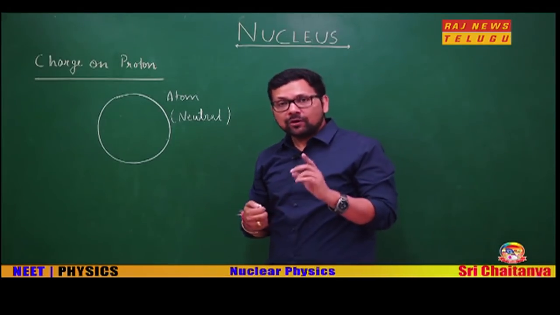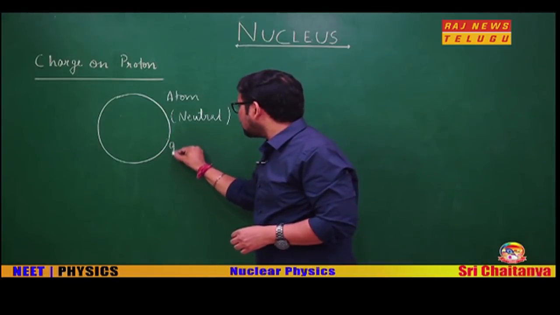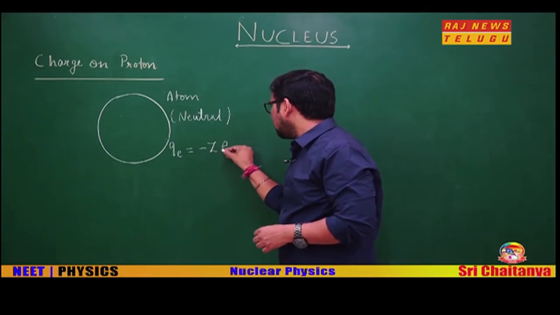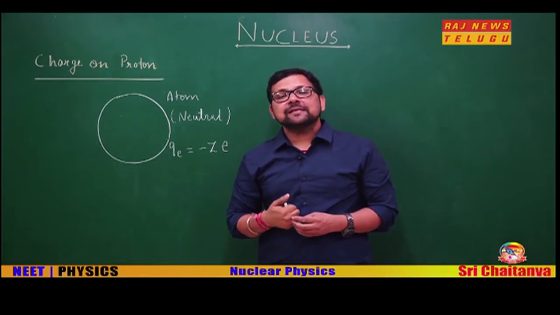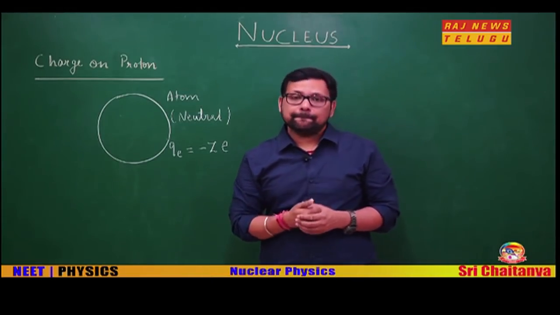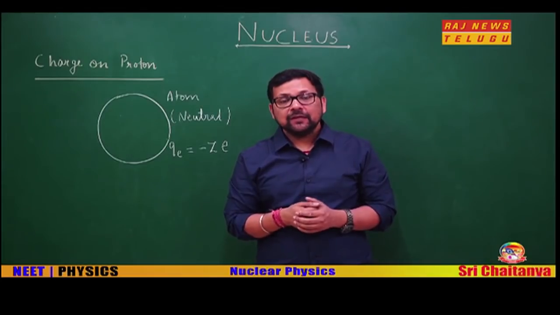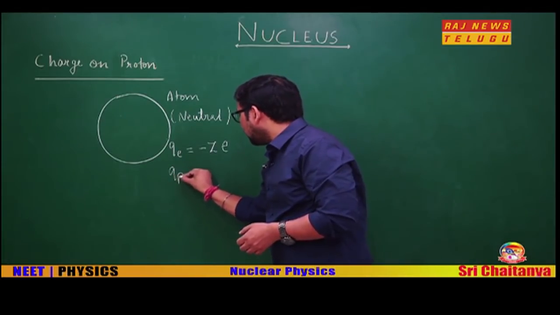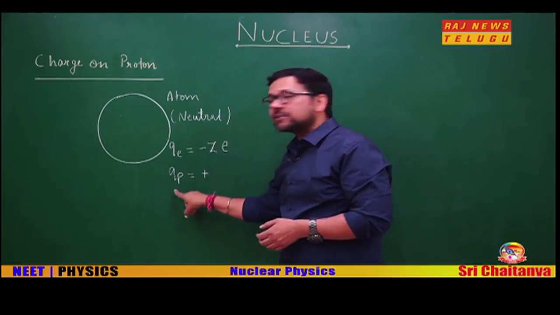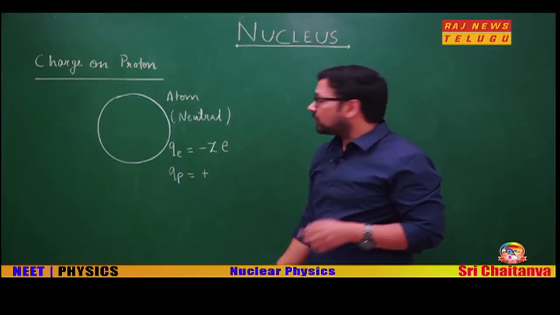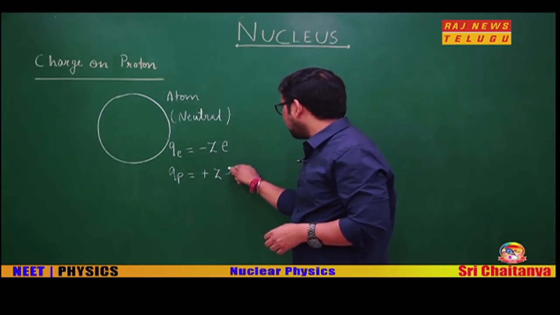Having said that, we also know that the charge on the electrons is minus ZE, where Z is used to denote the atomic number. So if the atom is totally neutral, there must be some equivalent positive charge. So the total charge of protons, I am not talking about the charge on one proton, the total charge would be plus ZE.